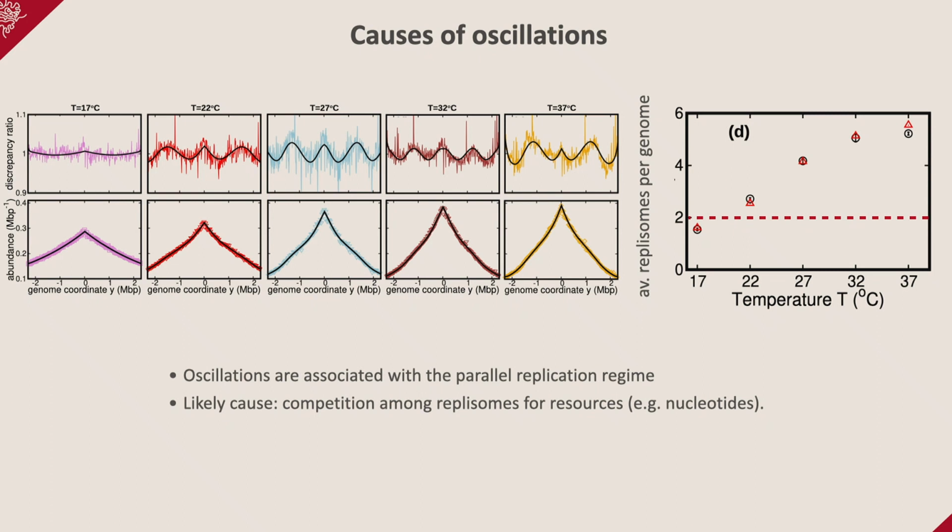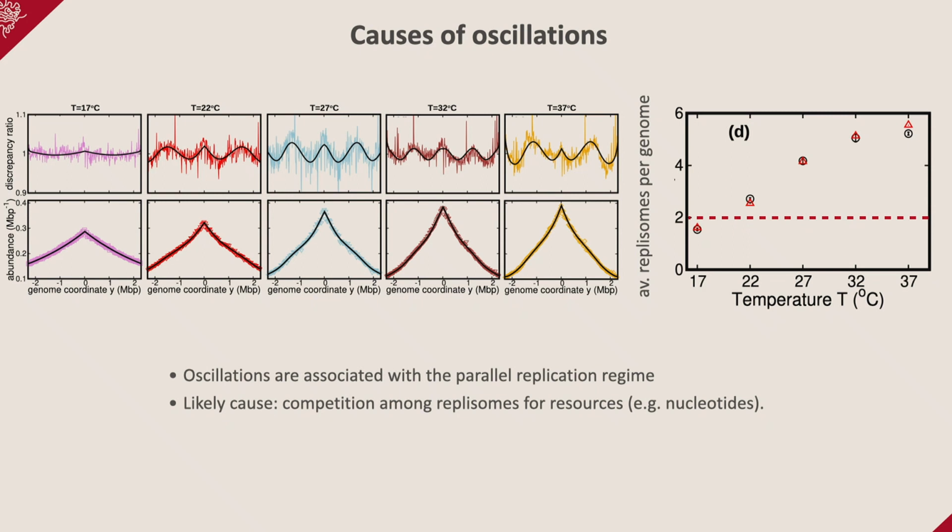Okay, so essentially what I'm saying is that the model is, for example, telling us that 17 degrees will be in a regime in which this multi-round replication does not happen. So on average, you'll have less than 2 replisomes per genome, whereas at all other temperatures, you would have multi-round replication in your experiments. And so the fact that we observe these oscillations for these 4 temperatures, but not for the lowest one, is an indication that possibly multi-round replication is the cause for this.